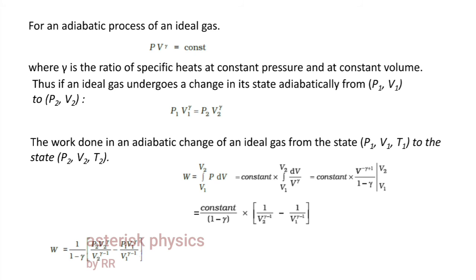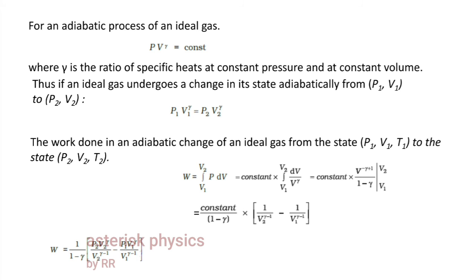That is, we have substituted the value of the constant. What is the constant? P1 V1^γ = P2 V2^γ = a constant. So in the above equation, the constant is replaced by P1 V1^γ and P2 V2^γ.